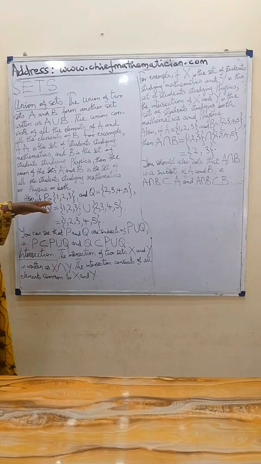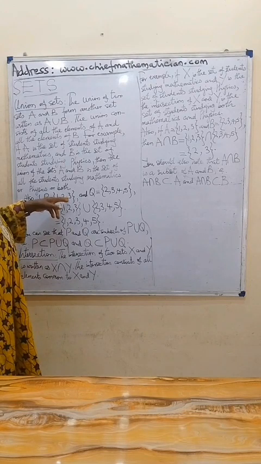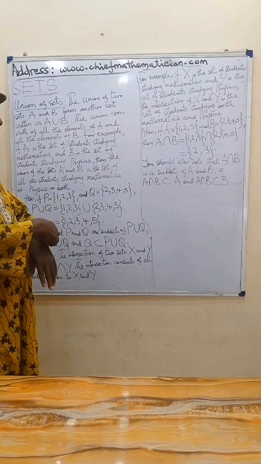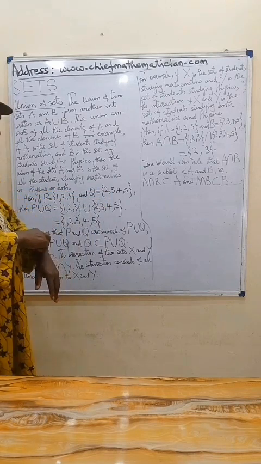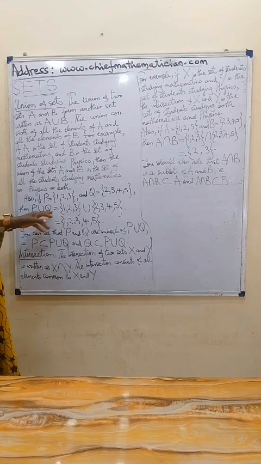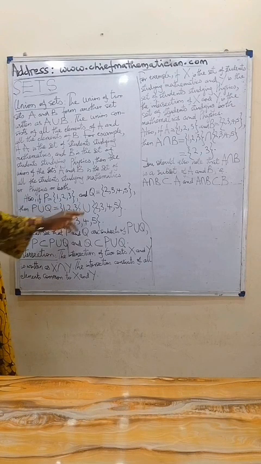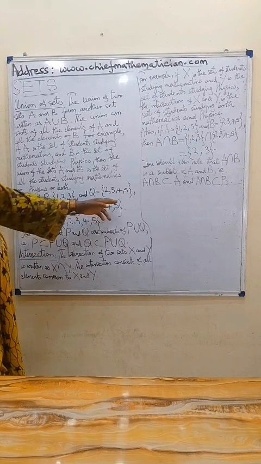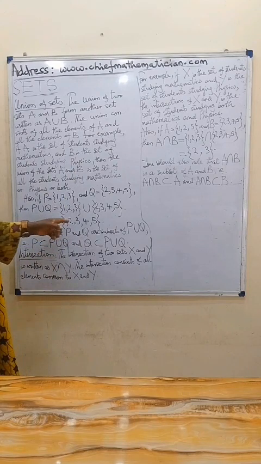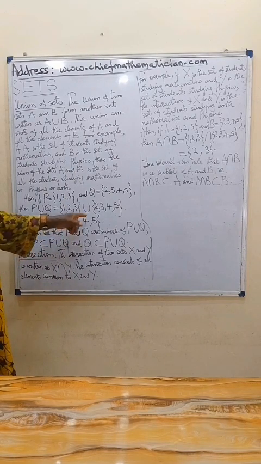Also, if P is equal to the set 1, 2, 3 and Q is equal to the set 2, 3, 4, 5, then P union Q is equal to the set 1, 2, 3 union the set 2, 3, 4, 5. That union is given by the set 1, 2, 3, 4, 5.